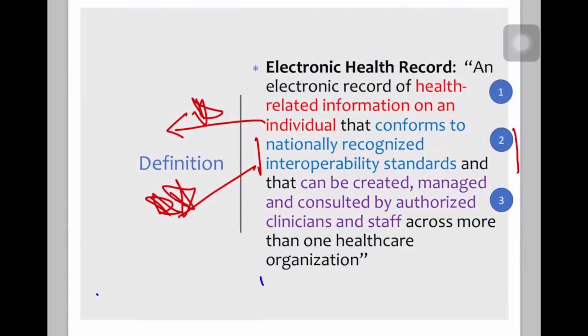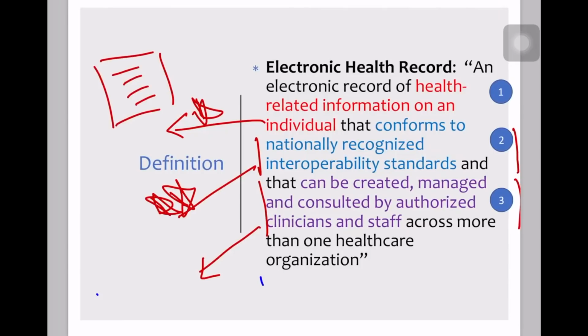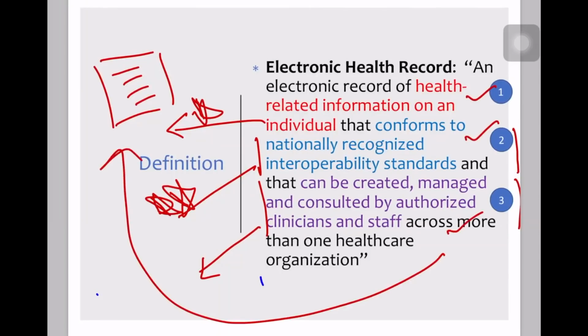Now the third star, or the main point, is that this information is created, managed, or consulted by authorized clinician staff across more than one healthcare organization. If electronic recorded information about a person fulfills these three characteristics, then we can say this information is stored as an electronic health record.